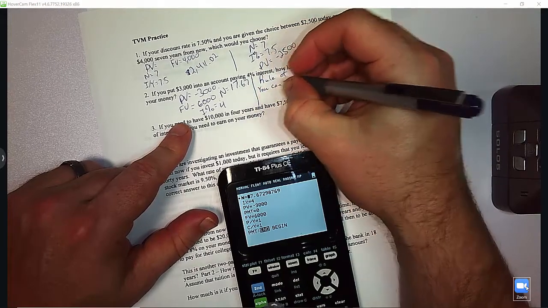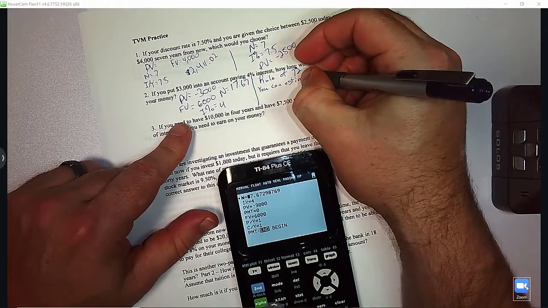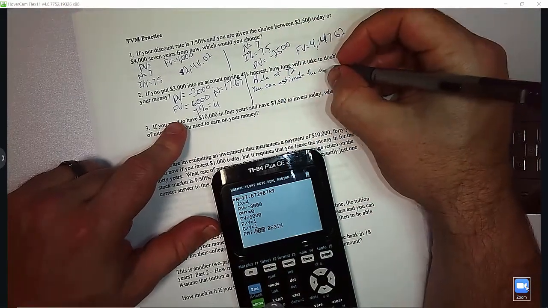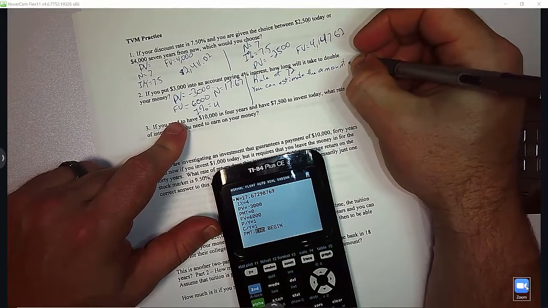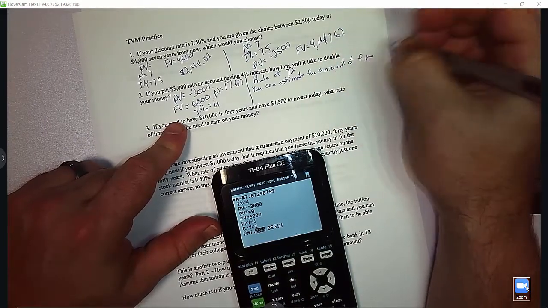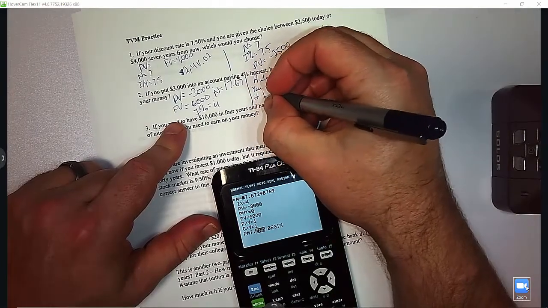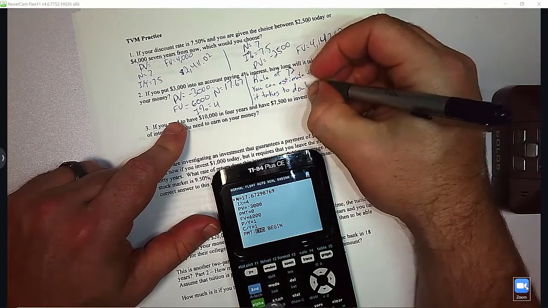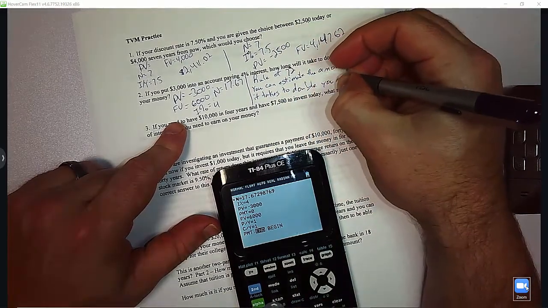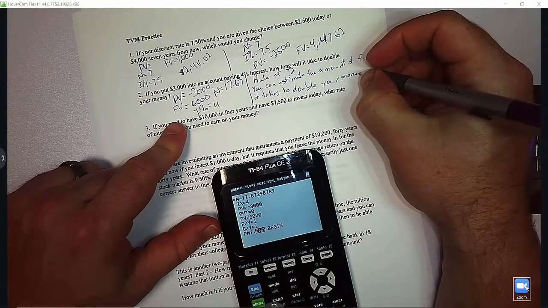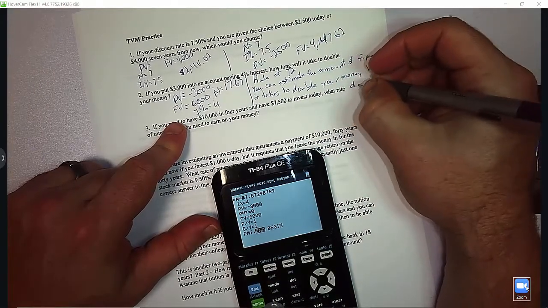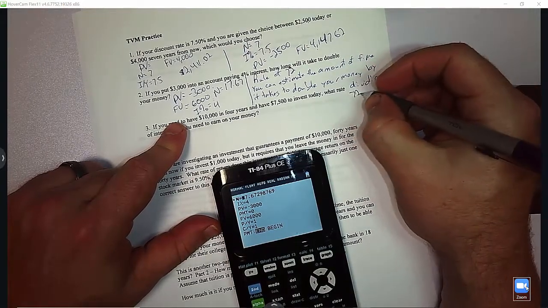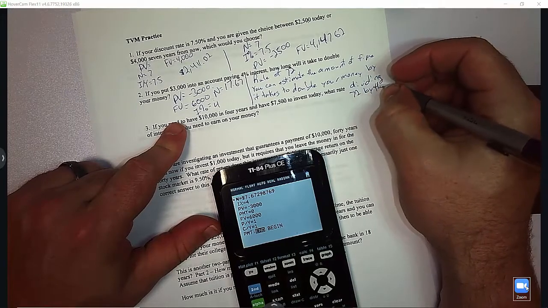You can estimate the amount of time it takes to double your money by dividing 72 by the interest rate.